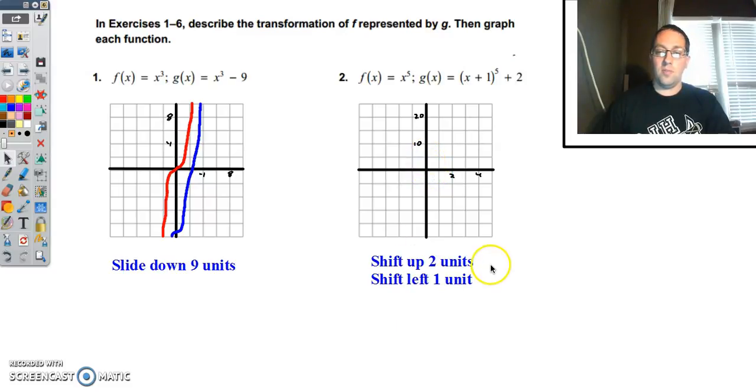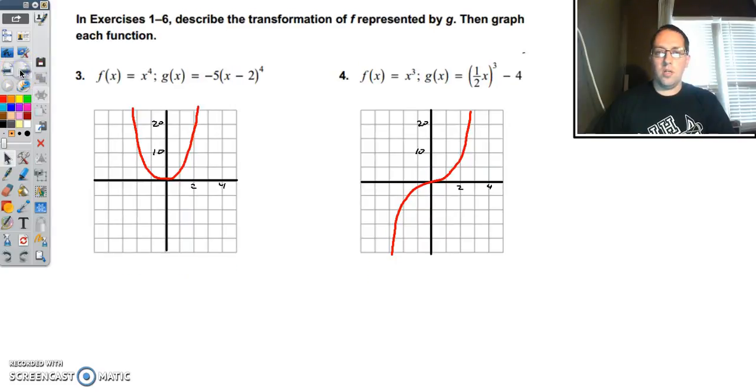So shift up 2 units, shift left 1. Here's the original. And our new one should be right there. Moved over 1 and up 2, which doesn't look like it moved that much because my scale is going up by 5s on this one. So yours probably looks a bit steeper.